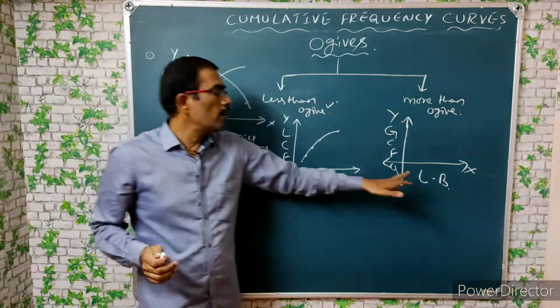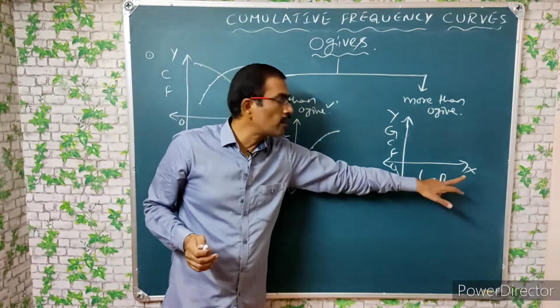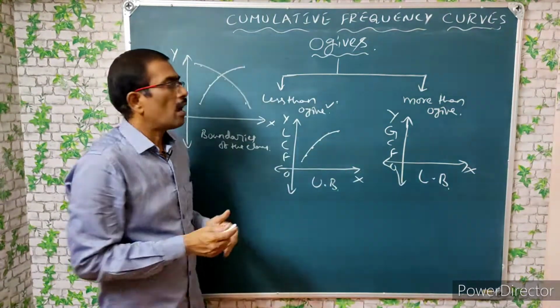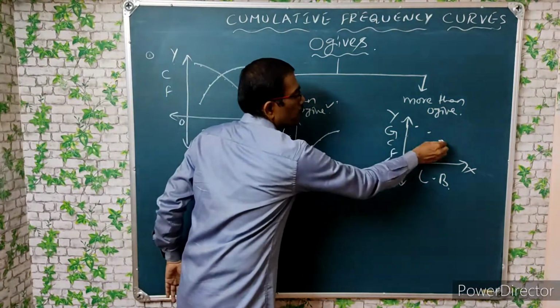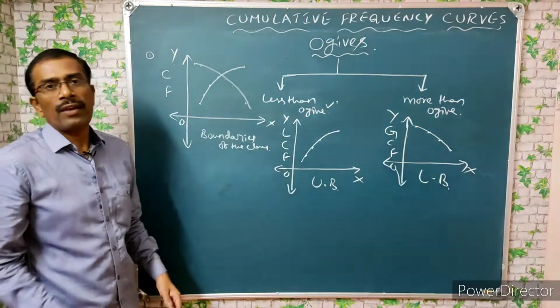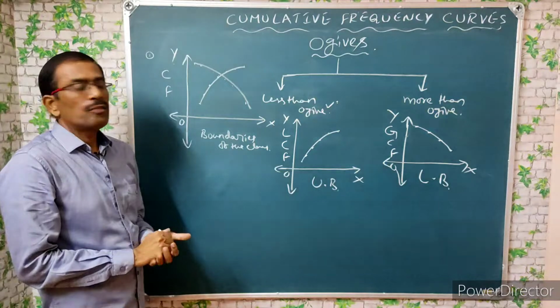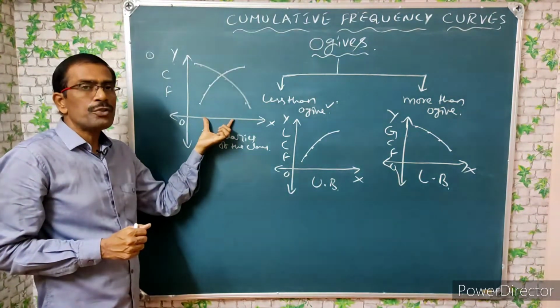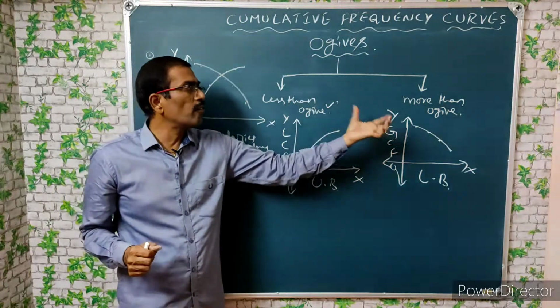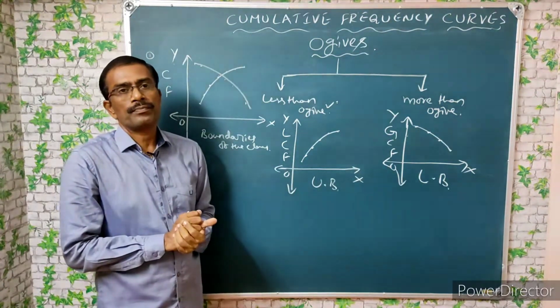The points are joined by a smooth curve, and the curve obtained is called a more than ogive. So this is the definition of ogive. There are two types: the less than ogive and the more than ogive.